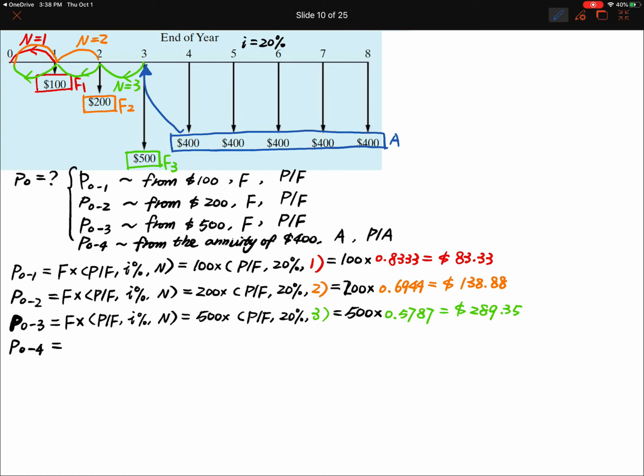Okay? So first you want to use the annuity equation. You are looking for the equivalent value at the end of year 3, which is from the annuities. And that value you can call P3 because that's some present value compared to the later annuities. So I would say it's P3.